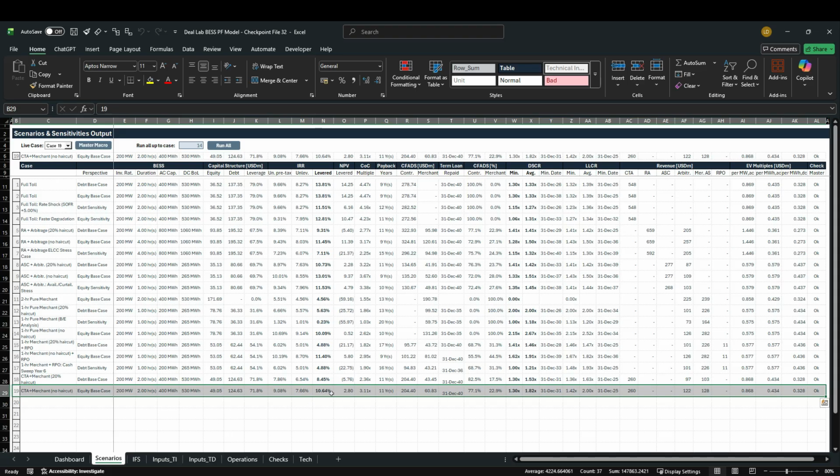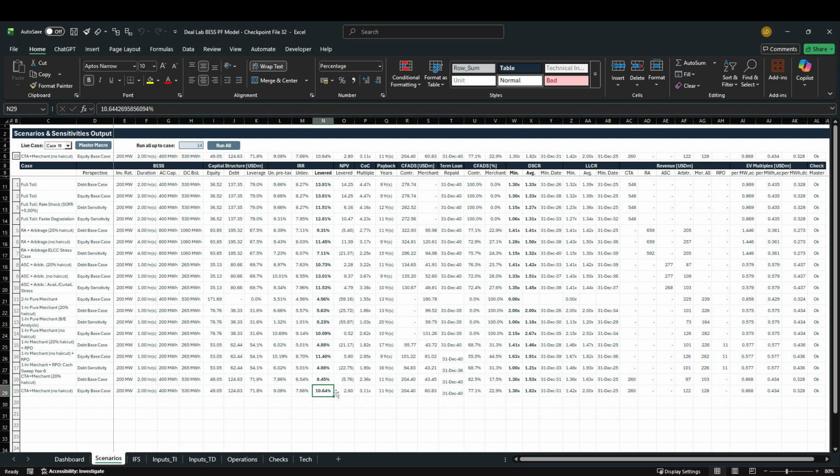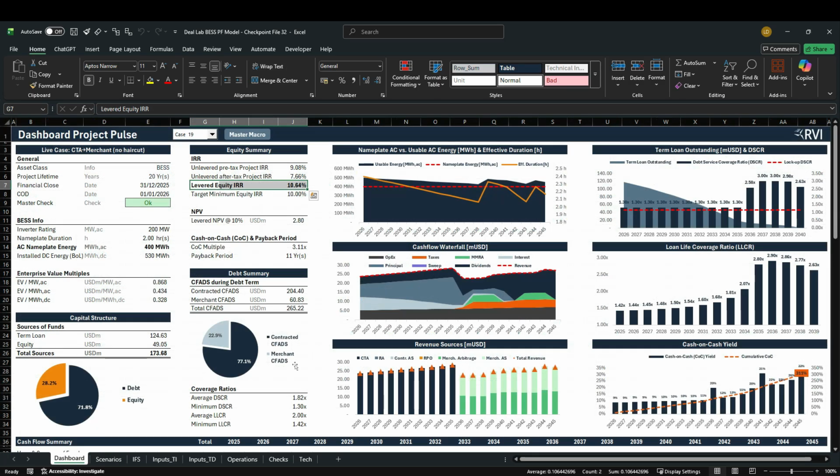And you can see that 10.64% is slightly below our fully merchant equity base case, which was at 11.4%. But we cannot forget that case 19 is fundamentally underpinned by much more certain cash flows, because in the first 10 years, all of our cash flows are fully contracted.